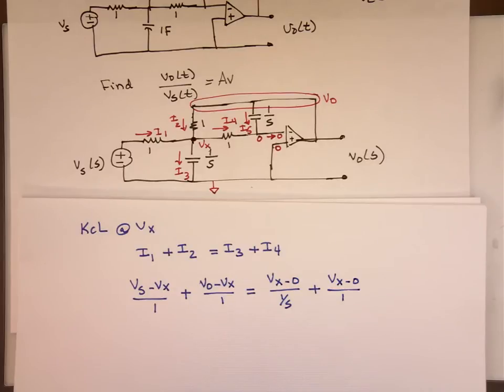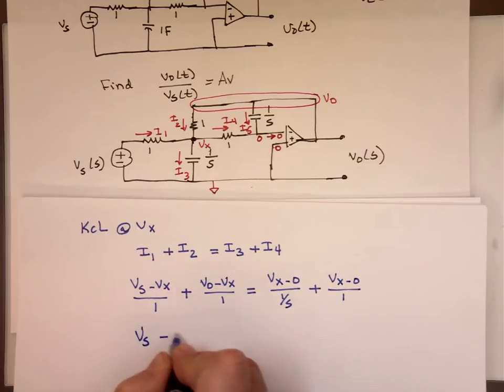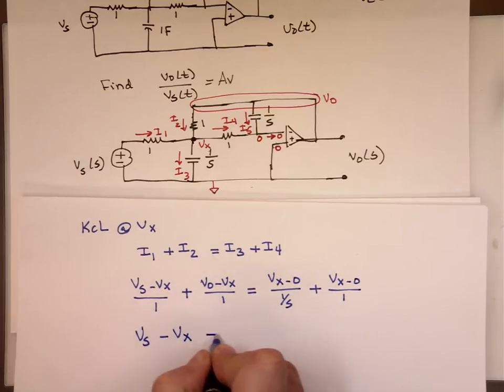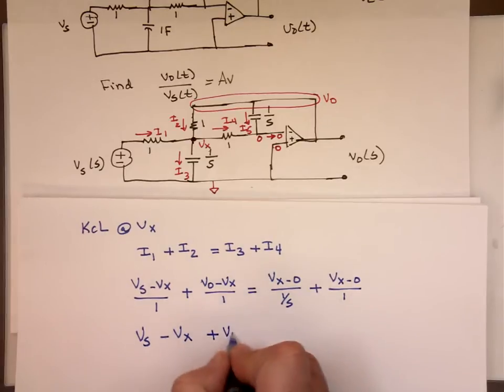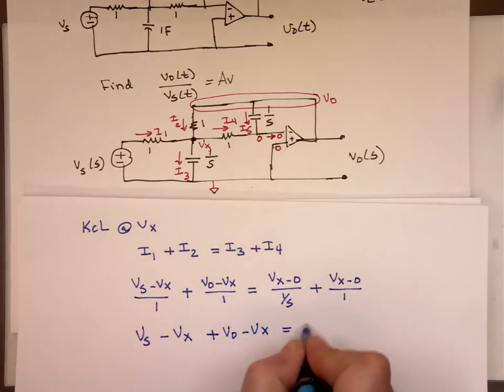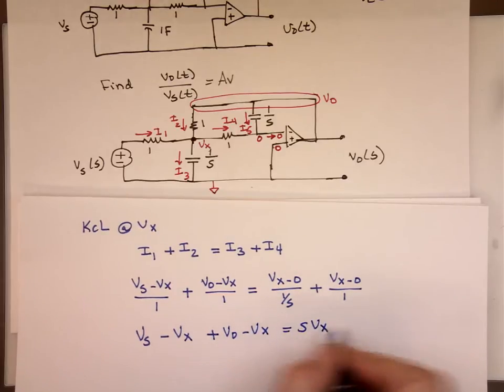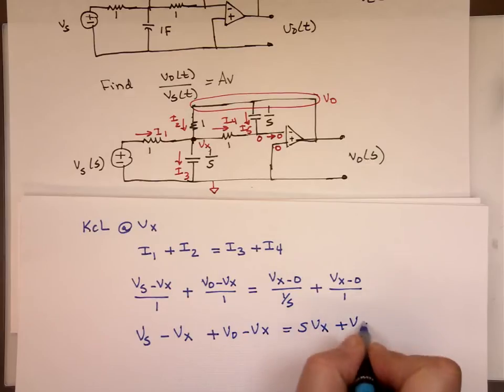And that's easy to clean. Vs minus Vx plus V out minus Vx equals S times Vx plus Vx.